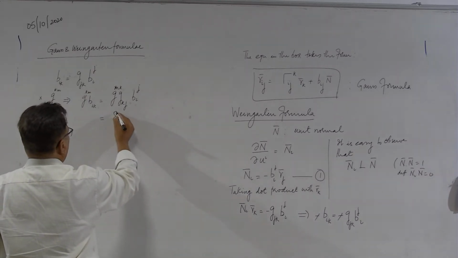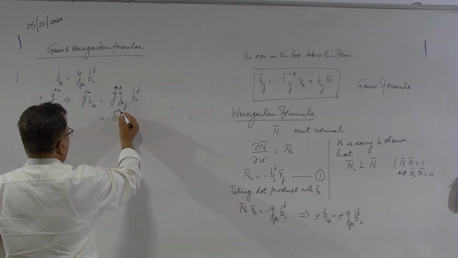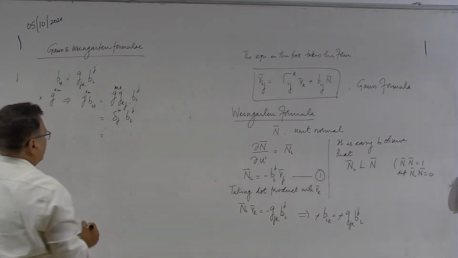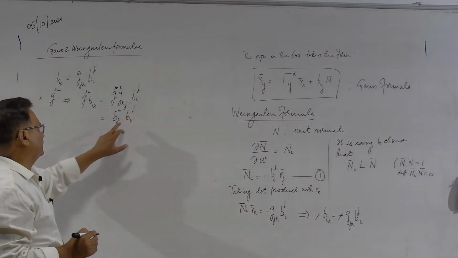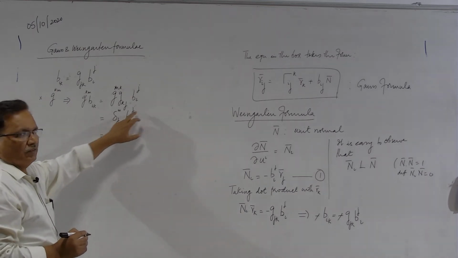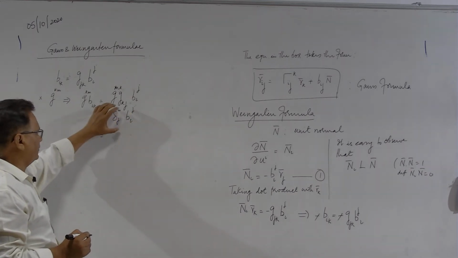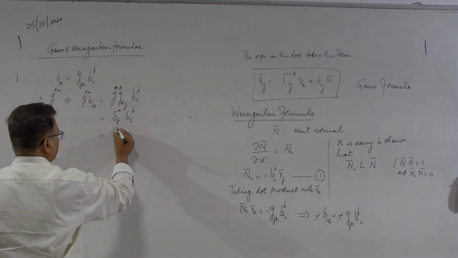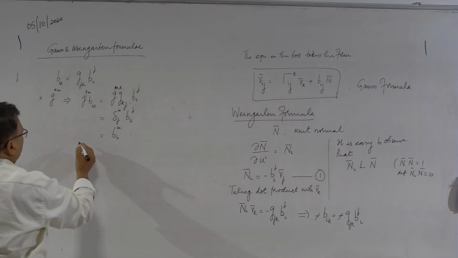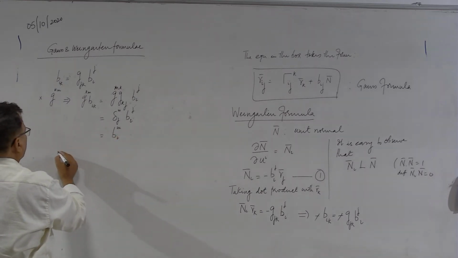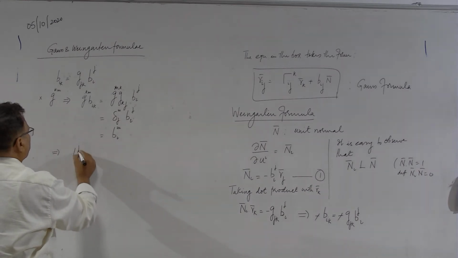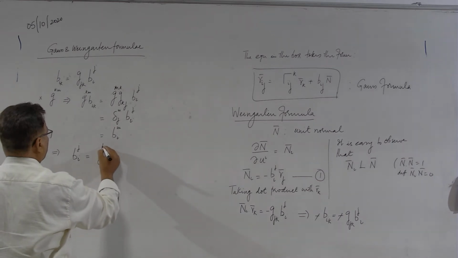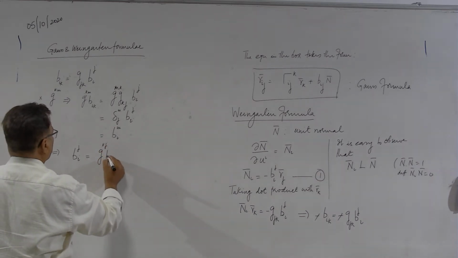So, this becomes Kronecker delta m j into B j I, and j is a dummy index. So, there will be a summation over j. When the value of j is the same as m, its value will be 1, otherwise it will be 0, and this makes it B m I. So, what you get is that your B m I, or you can say B j I, is equal to G k j into B I k.